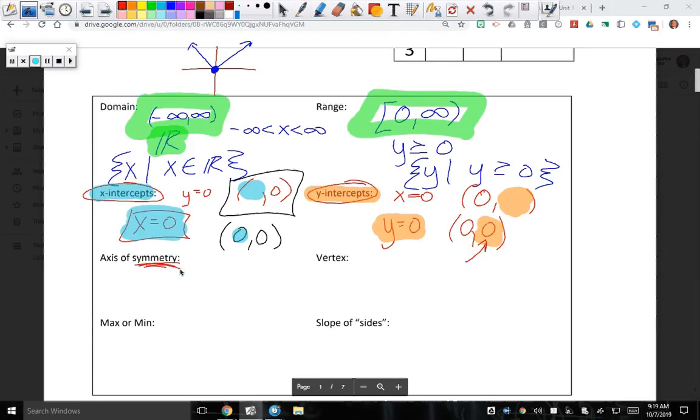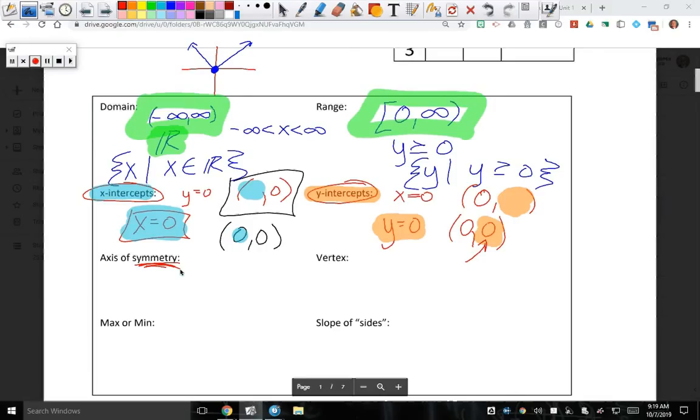Okay, so let's go with symmetry. Anna, what is axis of symmetry? What do you think it means? Yeah, it's a straight line. She's actually absolutely right. It is a straight line. And symmetry has some kind of symmetric feel to it. In other words, balanced equalness to it.